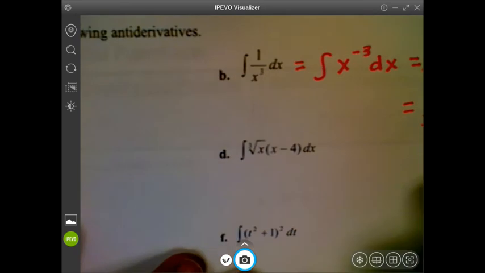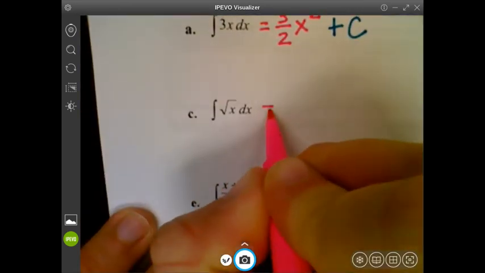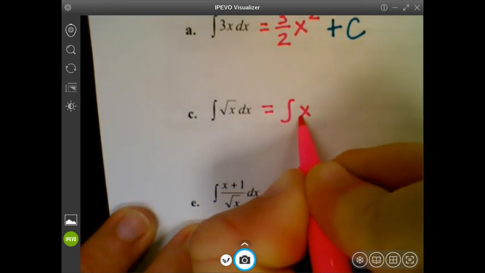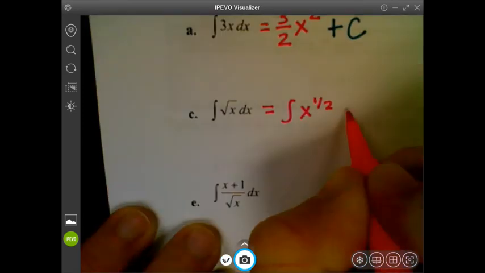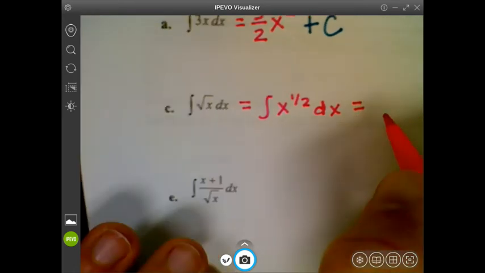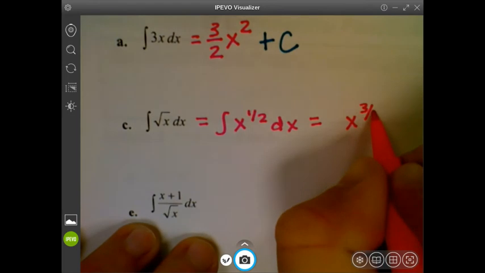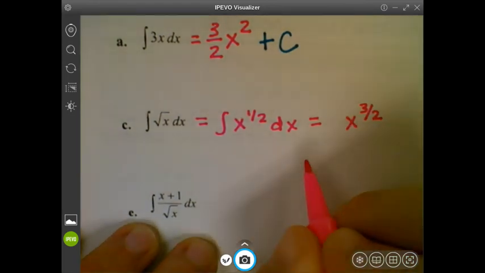All right. Up next, we have the square root of x. So this would be the integral of x to the 1/2 power dx. And so to the 1/2 power, you would add 1. So 1/2 plus 1 is 3/2. Divide by 3/2.